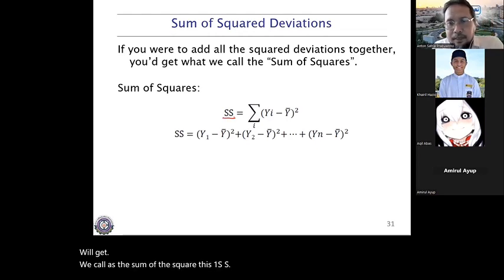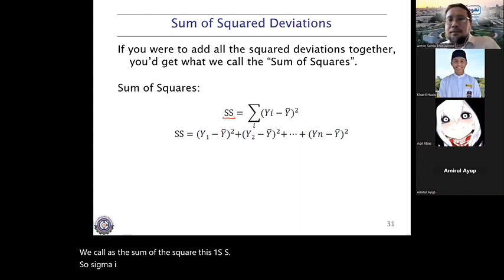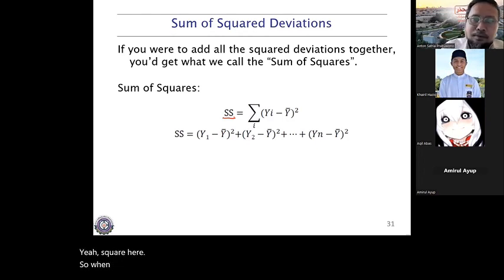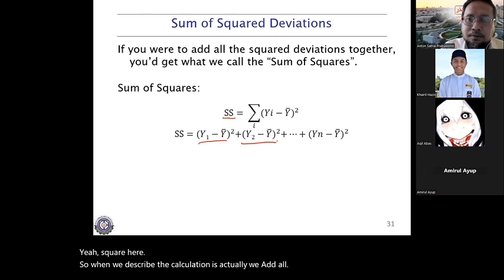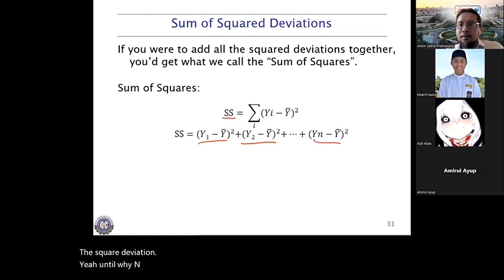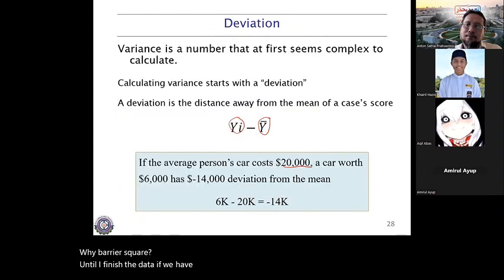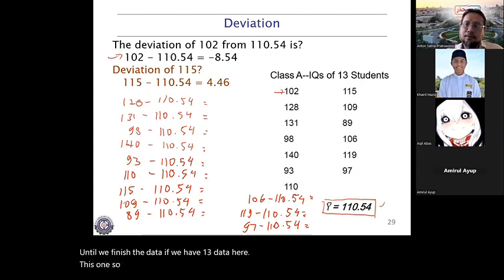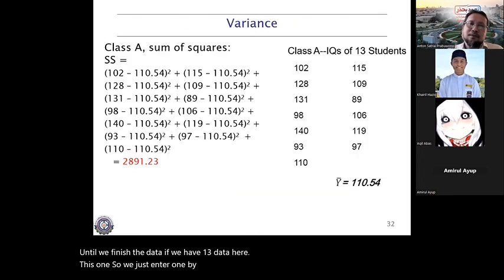So actually sigma i from yi minus y bar, square here. So when we describe the calculation, actually we add all the square deviation until yn minus y bar, square, until we finish the data. If we have 13 data here, we just enter them one by one.